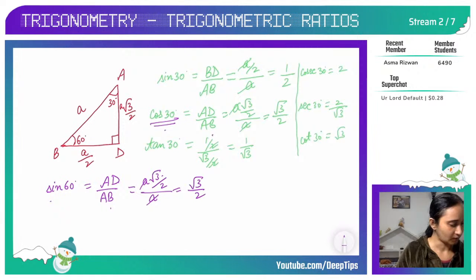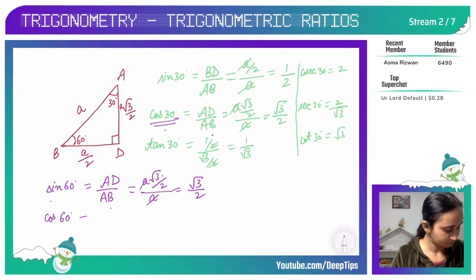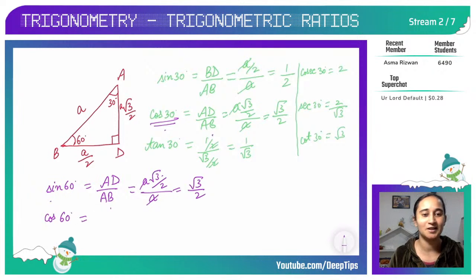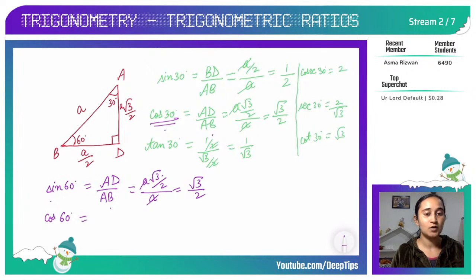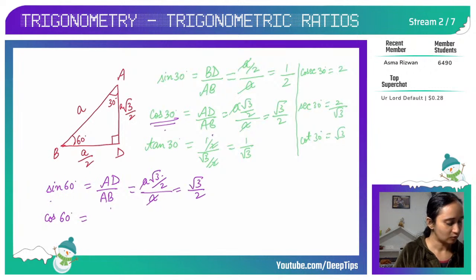Okay. So now when it comes to cos 60, you can just tell me that cos 60 shall be equal to sine 30 because they are complementary in the same triangle. If you look here, 60 degree and 30 degree, I just want you to observe it today because the proofs of these I will cover tomorrow. Okay, so cos 60 is base upon hypotenuse.